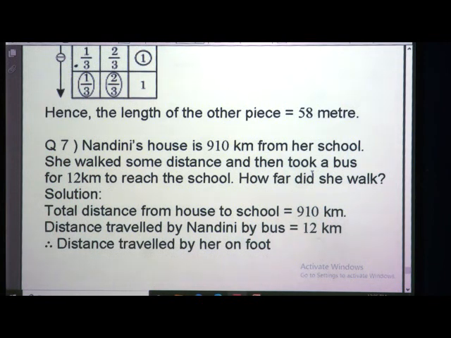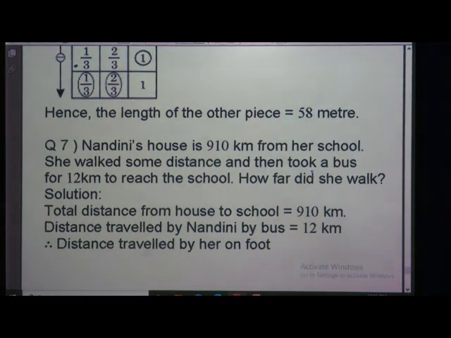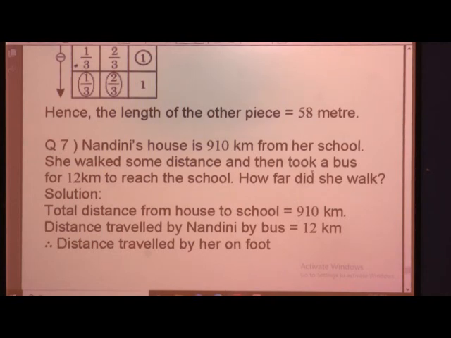She walked some distance and then took a bus. Let us solve this by showing it in word problems. Okay. You can just see question number 7.